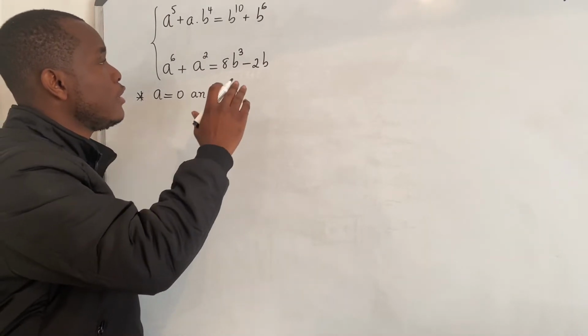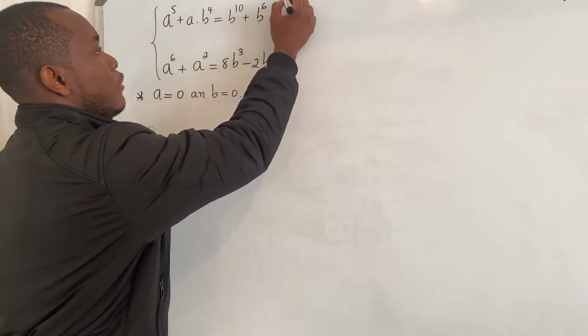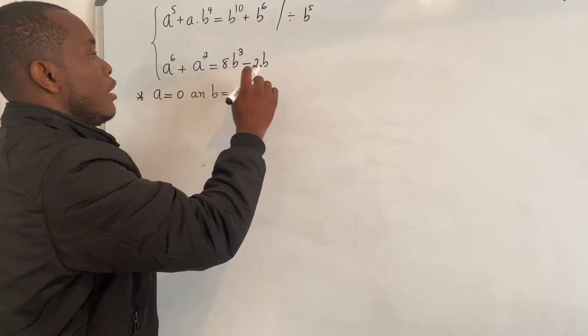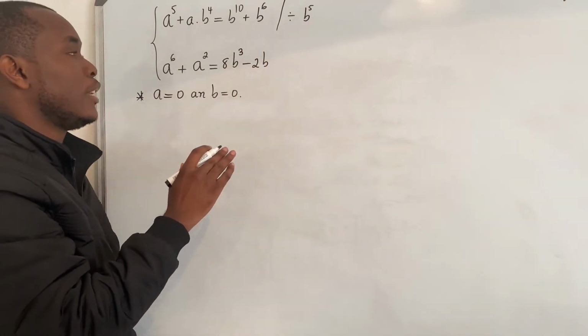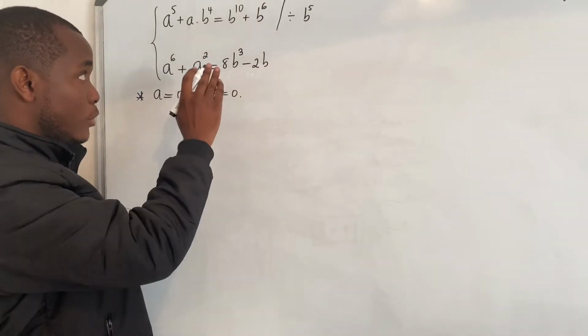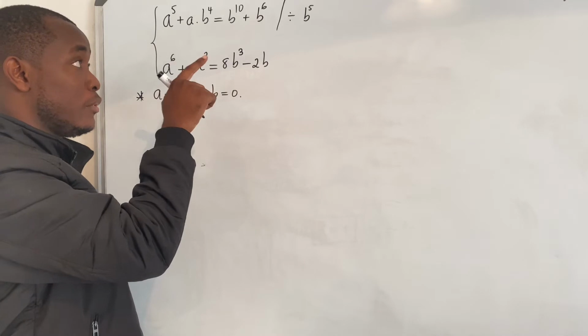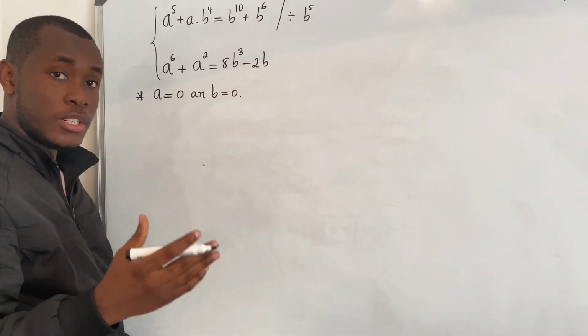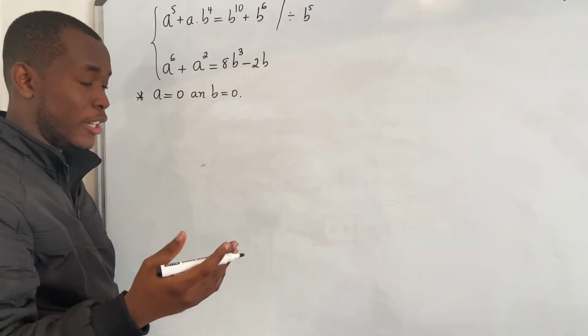Then let's divide the first equation by b to the power 5. Since I'm considering another solution where b is not 0, I have to state that b is different from 0, because I'm dividing the whole expression by b to the power 5.